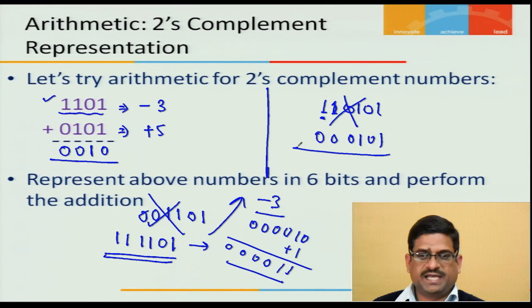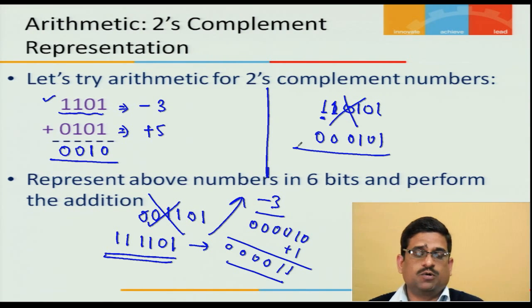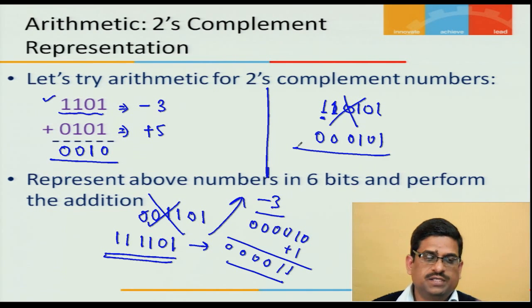So if the number is positive, I append 0; if the number is negative, I have to replicate that sign bit for whatever extra bits I require to get the desired bit representation. In the case of negative, I replicate 1; in the case of positive, I replicate 0.